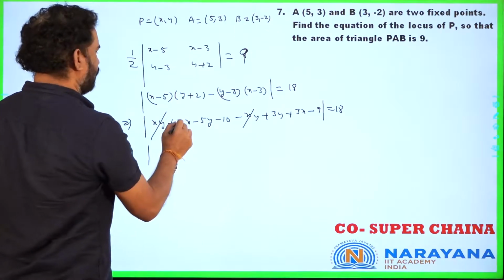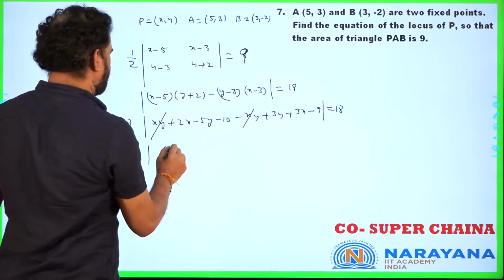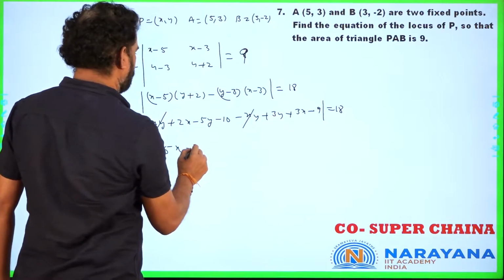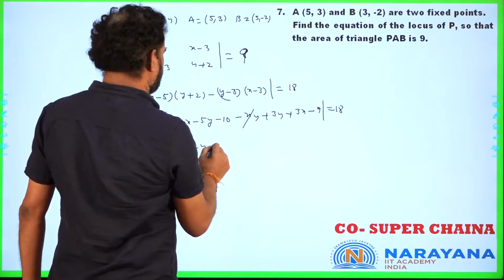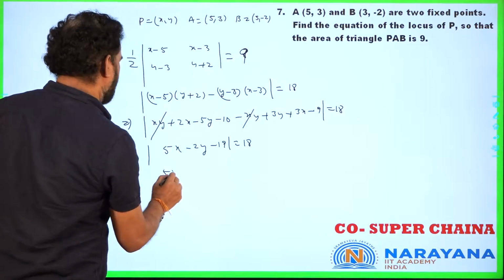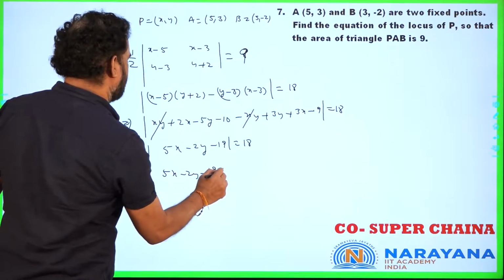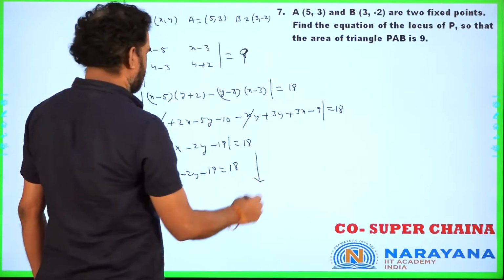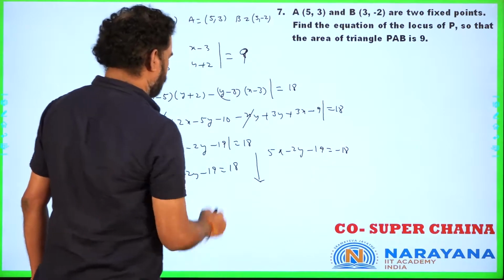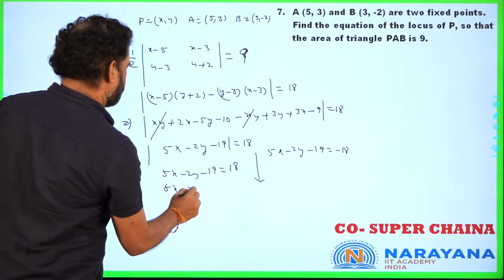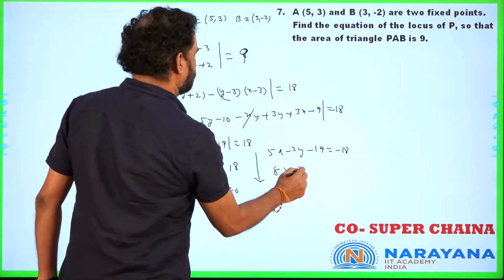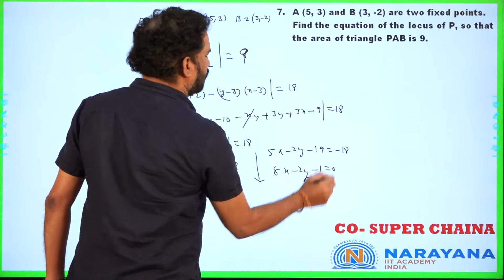This implies mod of 5x minus 2y minus 19 is equal to 18. Same model. So 5x minus 2y minus 19 equals 18, one condition. And 5x minus 2y minus 19 equals minus 18, one more. So this would be 5x minus 2y minus 37 equals 0, and this is 5x minus 2y minus 1 equals 0.